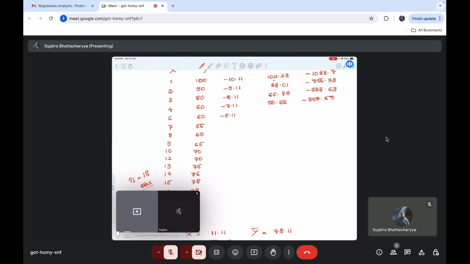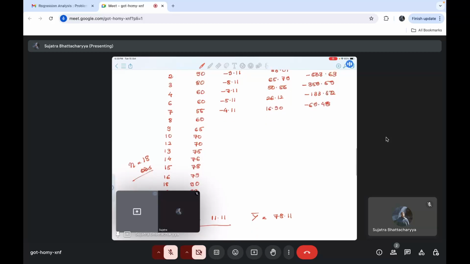minus 5.11, minus 4.11. This is 26.12, 16.90. This becomes minus 133.52, minus 69.48, right? So next, minus 3.11, 9.68, and minus 30.11, minus 2.11, then minus 1.11.